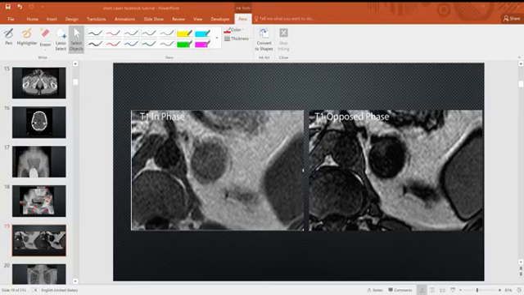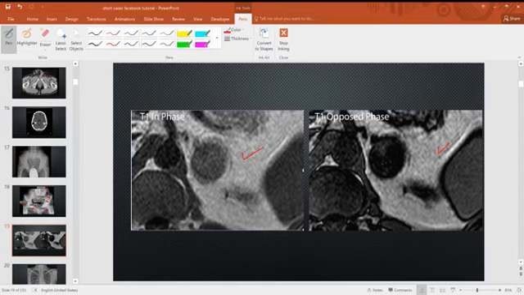This is a good answer for this patient. As we see here, this is the T1 in phase sequence, and this is the T1 out phase sequence, and we see the adrenal gland in the in phase and the adrenal gland in the out phase, and it drops its signal.